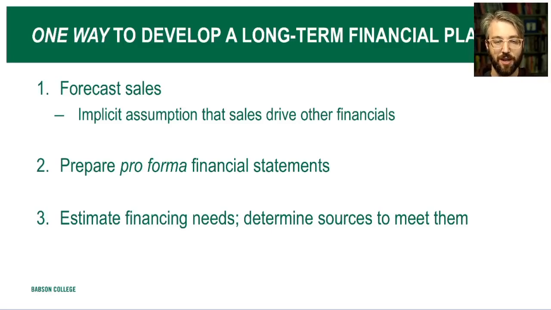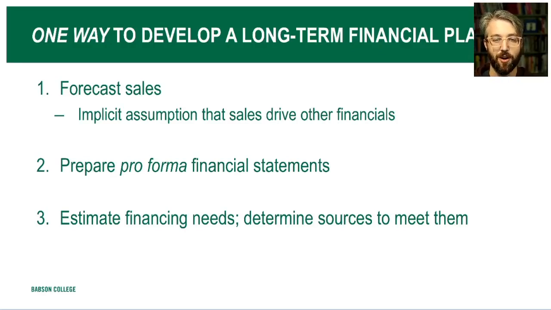And not to give away where step two leads into step three, but the reason that we're going to need to adjust the pro formas typically in step three is that when we forecast assets, liabilities, and equity on the balance sheet in particular, as we will in step two, there's no particular guarantee that the balance sheet will balance, that assets will equal liabilities plus equity.